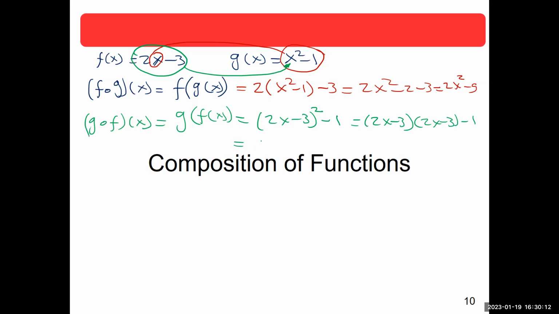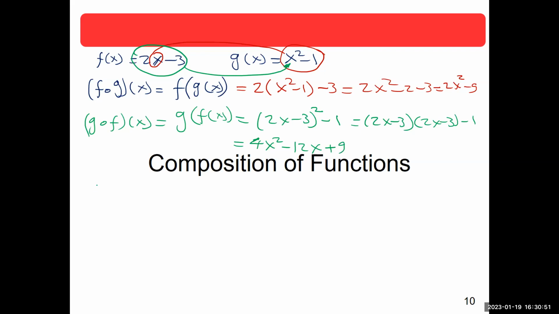This would be equal to 4x squared minus 2 multiplied by 2 is 4, multiplied by 3 is negative 12x plus 9. Or as you can see here, 2x multiplied by negative 3 is negative 6, and negative 3 multiplied by 2x is negative 6. You add them up, you get negative 12x. That's it. We got the answer.